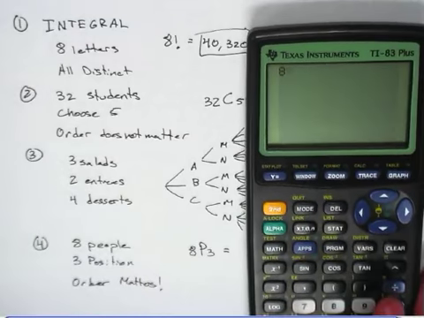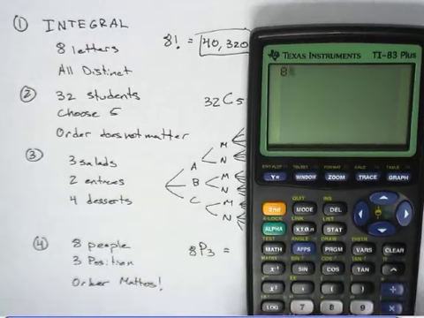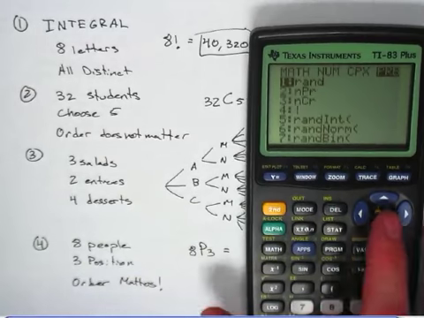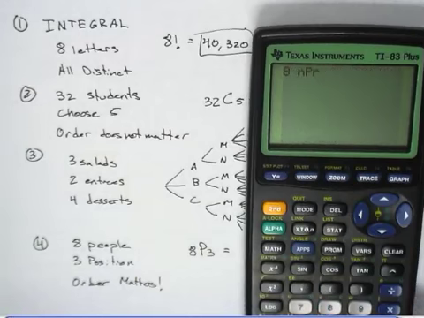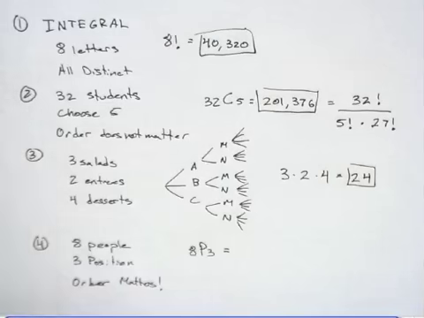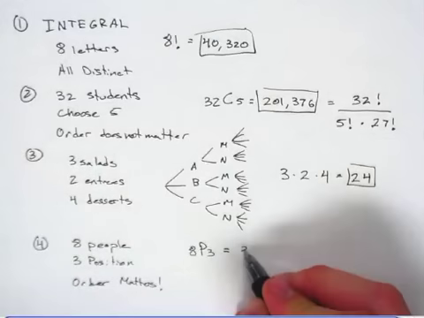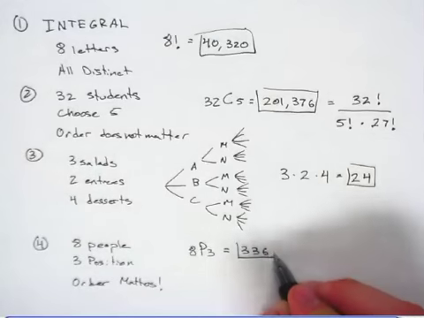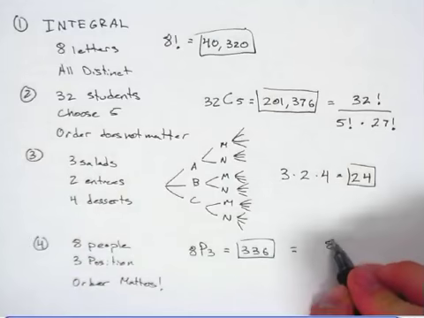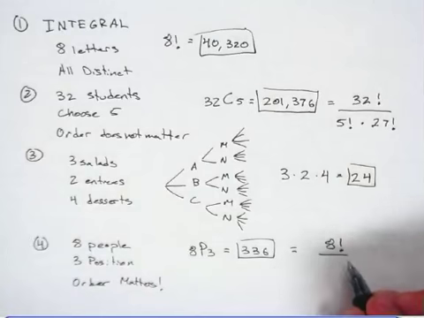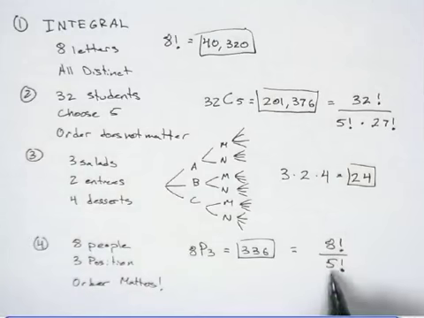It's my hard thing for me to remember to hit 8 first, your n, and then you go into your probability, choose number 2, the P. It is a permutation, and we're choosing 3 out of there, so there are 336 different arrangements of people on the platform. And the formula without your calculator is going to be 8 factorial divided by 5 factorial, where 5 factorial comes from 8 minus 3.